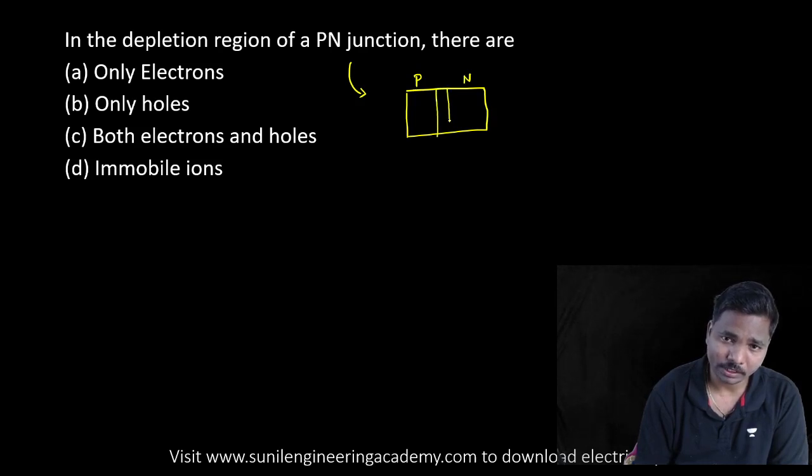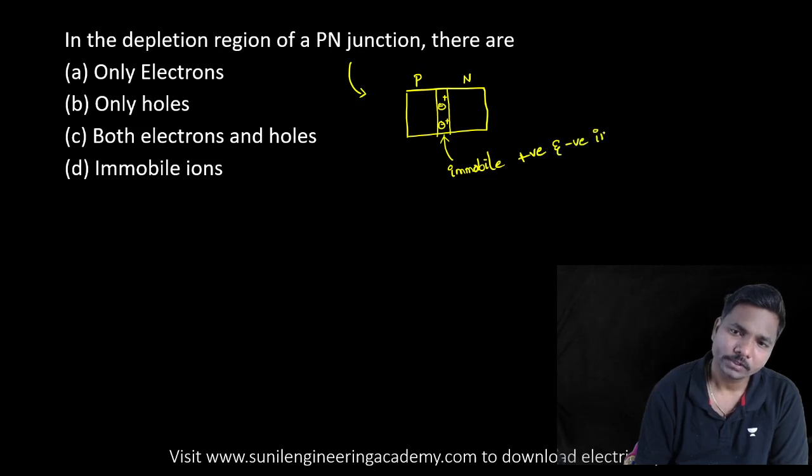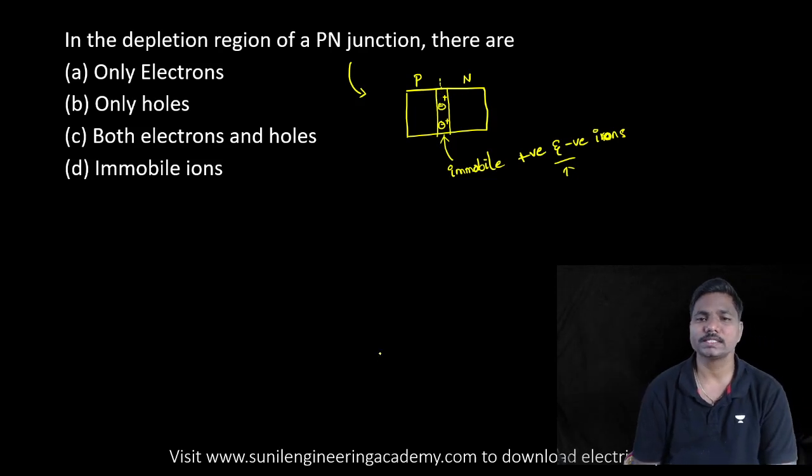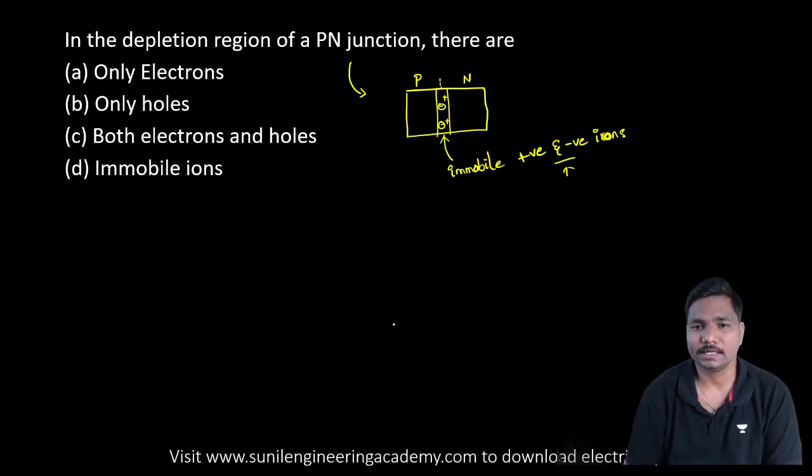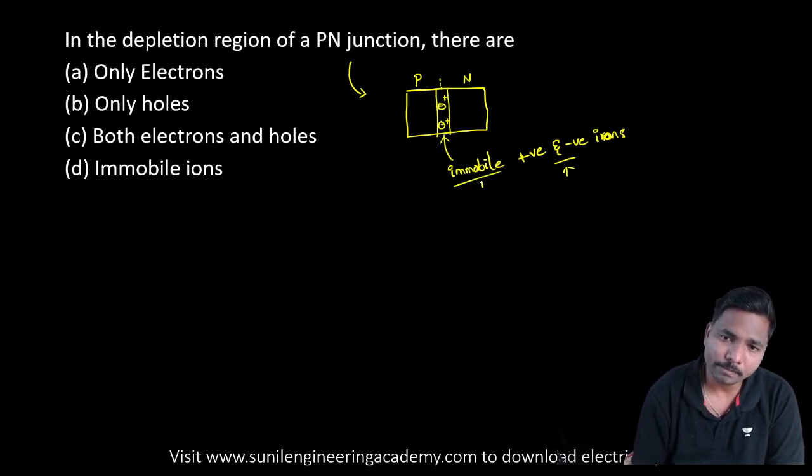Here some of the positive will come here, some of the negative will come here, so it will have immobile positive and negative ions. So these are immobile, and that is why this depletion region does not allow electricity through it like a conductor. Because of these immobile positive and negative ions, it formed a region, and that region is called the depletion region.